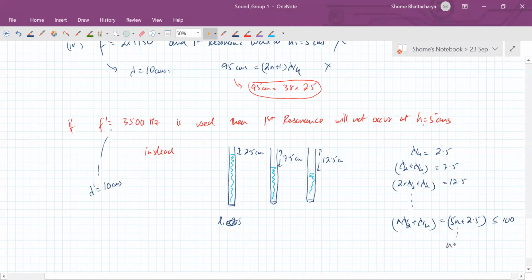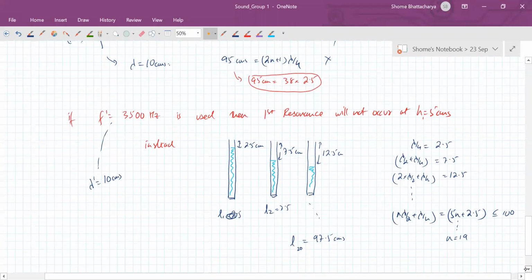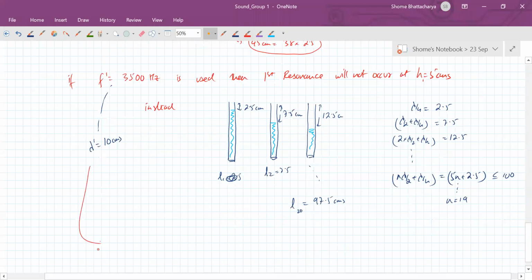So if you put n as 19, you get 97.5. So this will show you that if this frequency is used, the first resonance would be at a height of 2.5 centimeters, and that would be where L1 is 97.5 centimeters.